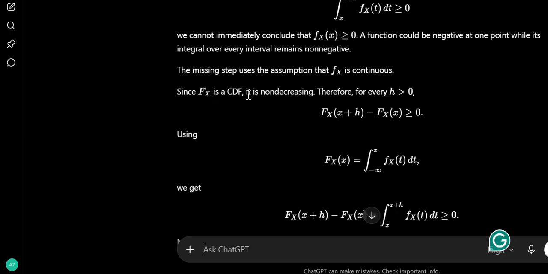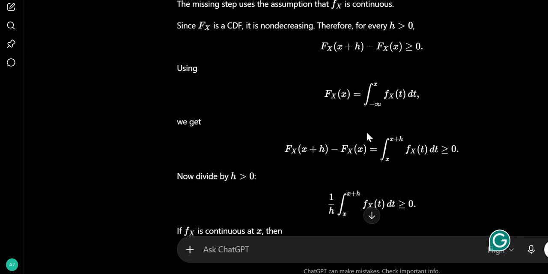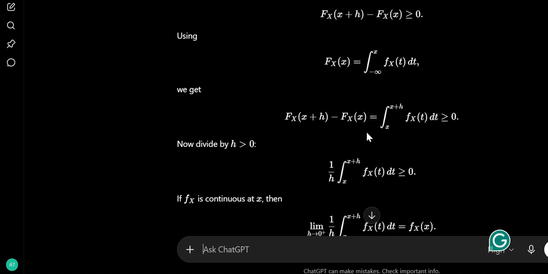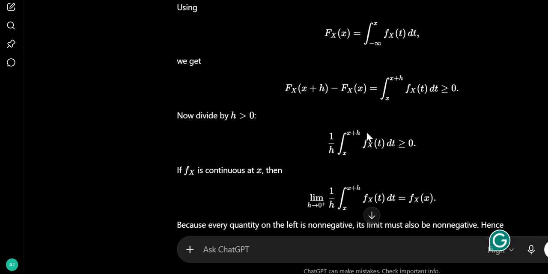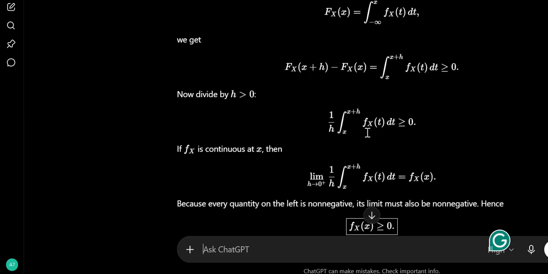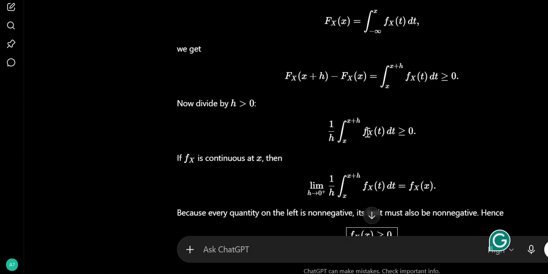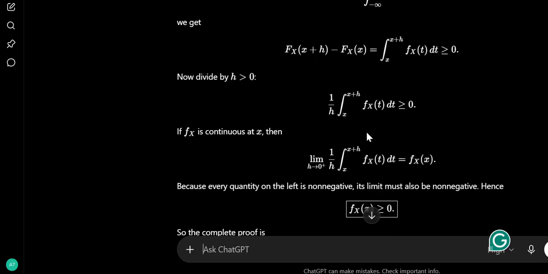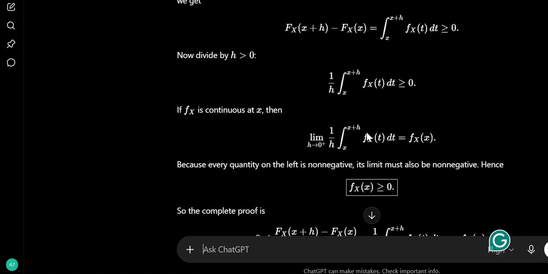Since F_X is a CDF and it is non-decreasing, therefore for every positive h, using this we get this. Ah, I see.